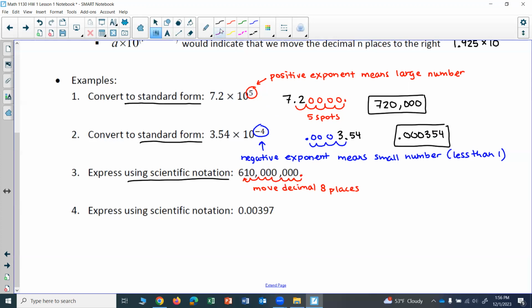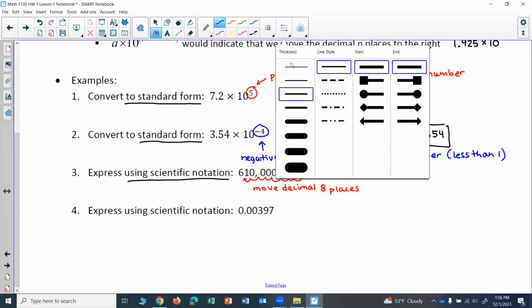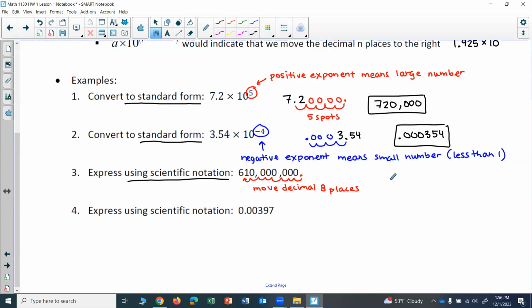And so the scientific notation equivalent of this number is going to be 6.1 times 10 to the positive 8. Now, knowing whether to use a positive or negative exponent, what you want to consider is, did you start with a really large number or did you start with a small number less than 1?